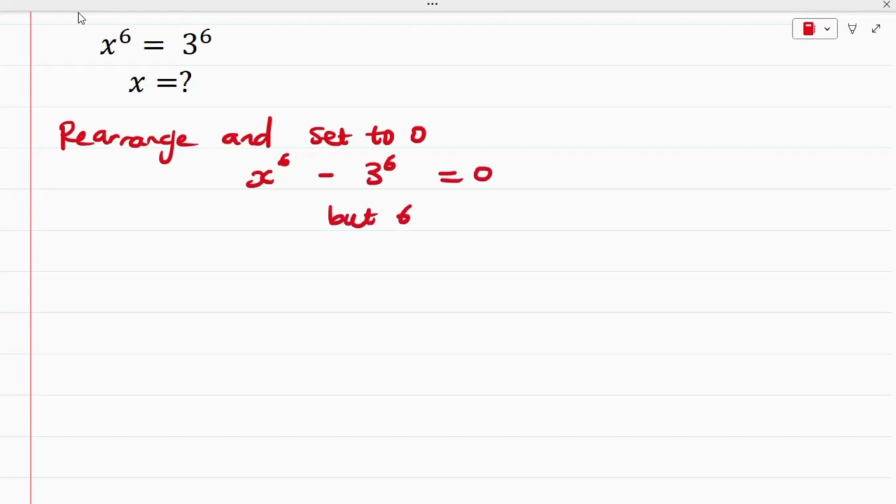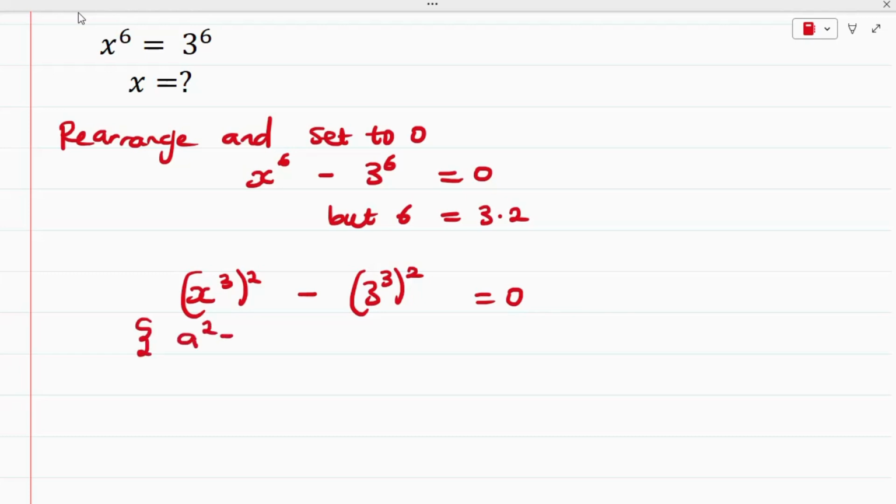But you can easily express this as 3 multiplied by 2, right? So from here, we have x raised to the power of 3 multiplied by 2 minus 3 raised to the power of 3 multiplied by 2, and this is equal to 0. We have the difference of two squares. That is, if we have a squared minus b squared, this is equal to a plus b multiplied by a minus b.